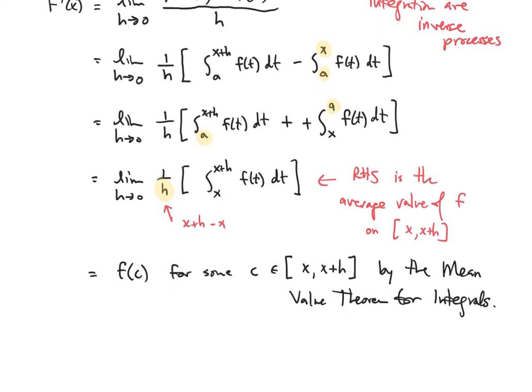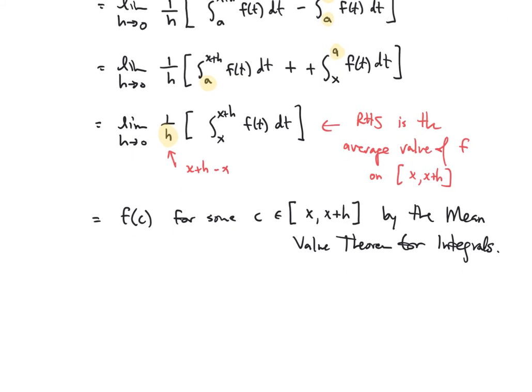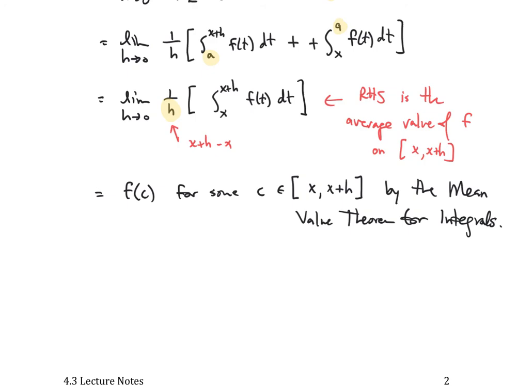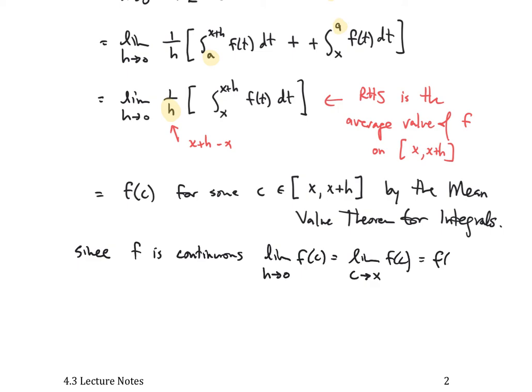Now here is where we use the fact that our little f is continuous. Since f is continuous, the limit as h goes to 0 of f of c is equal to the limit as c gets closer and closer to x of f of c, and that is equal to f of x.